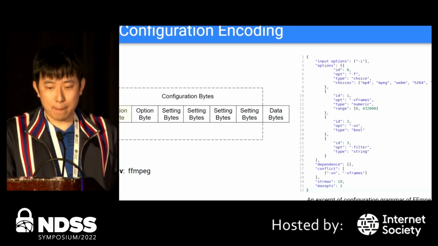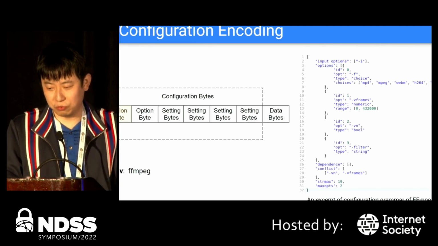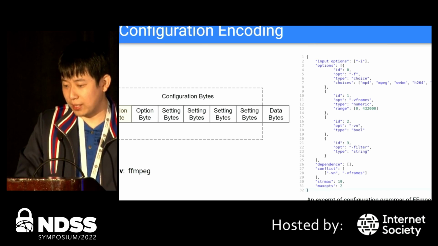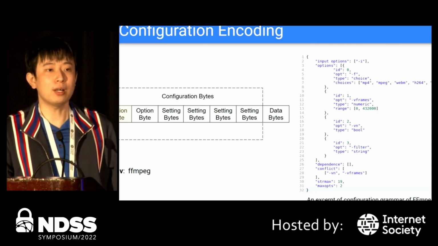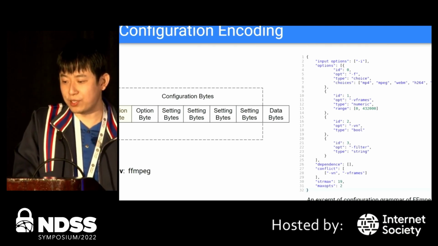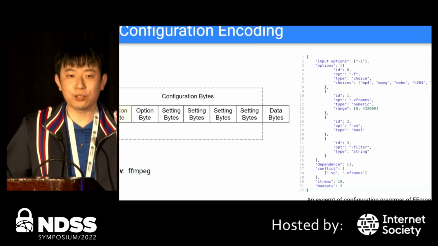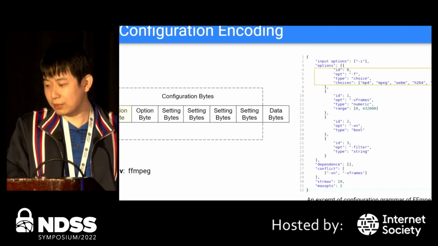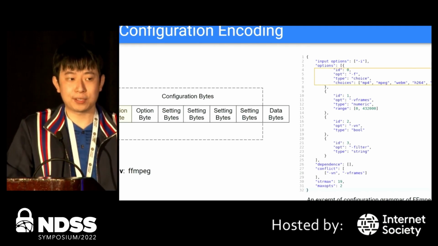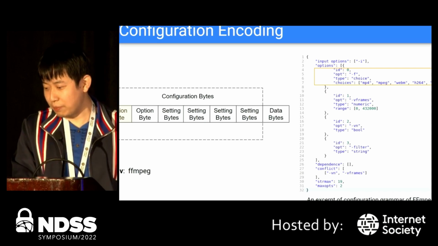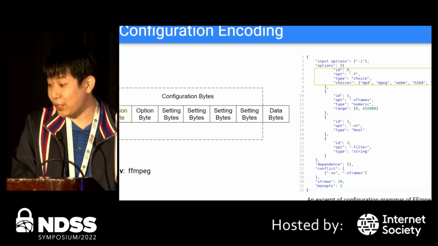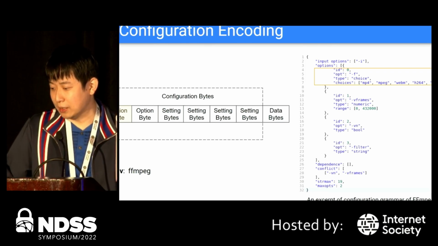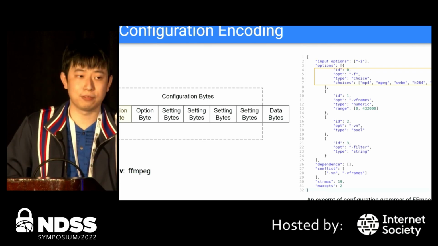We use a mod approach for the option byte to decide which option it represents. Basically, we convert the option byte to a number, take a mod by the number of options, and calculate an option ID. With that option ID, we can look into the configuration grammar for the corresponding option. For example, if the calculated ID is 0, when we look into the grammar, we find that it represents option -f.